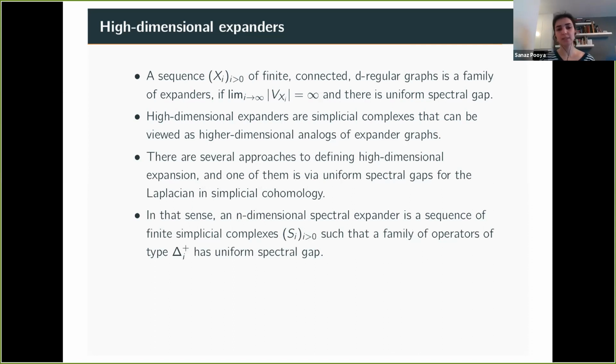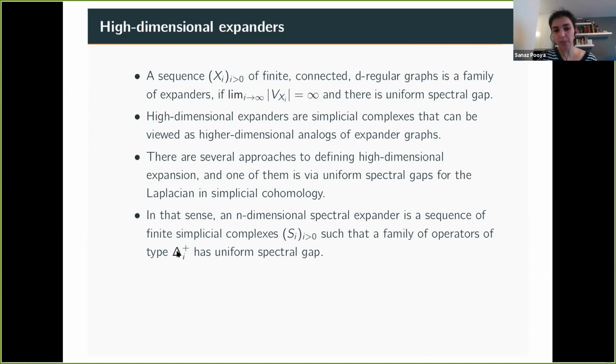So in that sense, an n-dimensional spectral expander would be just a sequence of finite simplicial complexes, such that if one looks at the Laplace operator in higher degree, then there is this uniform spectral gap.